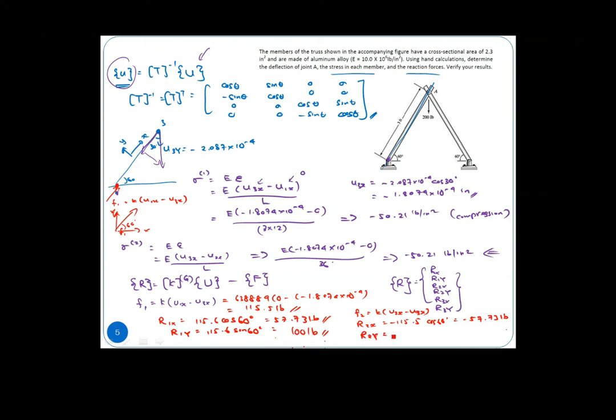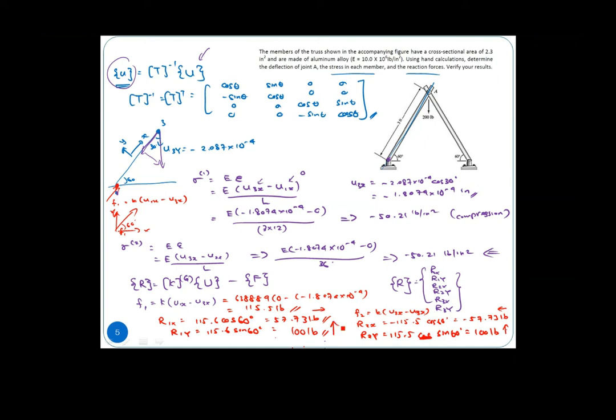R2y also is 115.5 sine 60, so it's 100 pounds. It's going up, and this is going this way and this way.